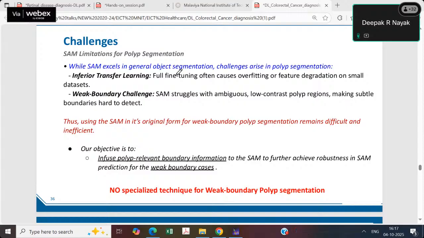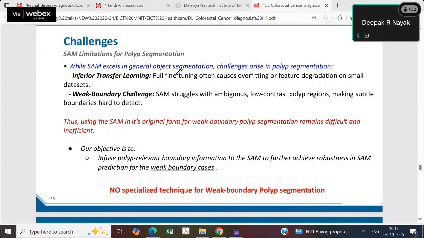From the limitations we observed in the previous approach, we thought of infusing polyp-relevant boundary information into SAM, to further achieve robustness in the SAM prediction. The goal is to deal with weak boundary polyps. I've shown you a few cases where the boundaries are weak, and I want to identify the polyps in those cases. That will definitely help us in identifying different types of polyps, whether they have weak boundaries or distinct boundaries.